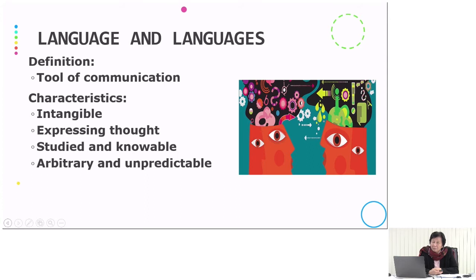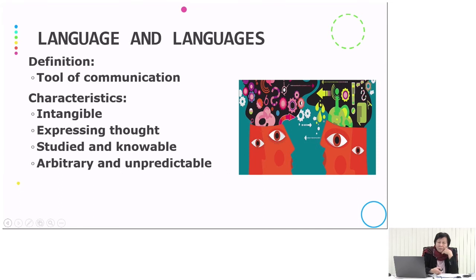For example, we tell others what we think so that we get feedback from them when they start using the language. So it means that we use language to mutually express thought between us, who are considered the sender, and the others, who are supposed to be the receivers.